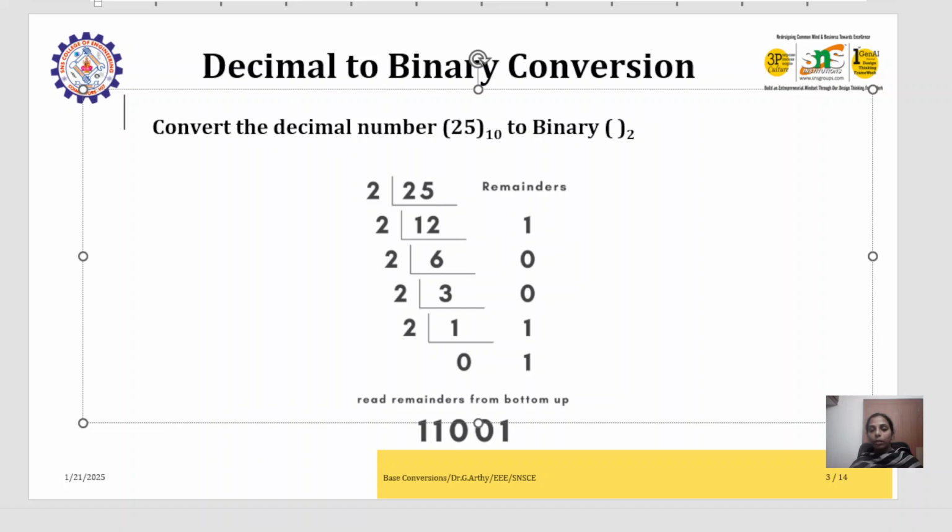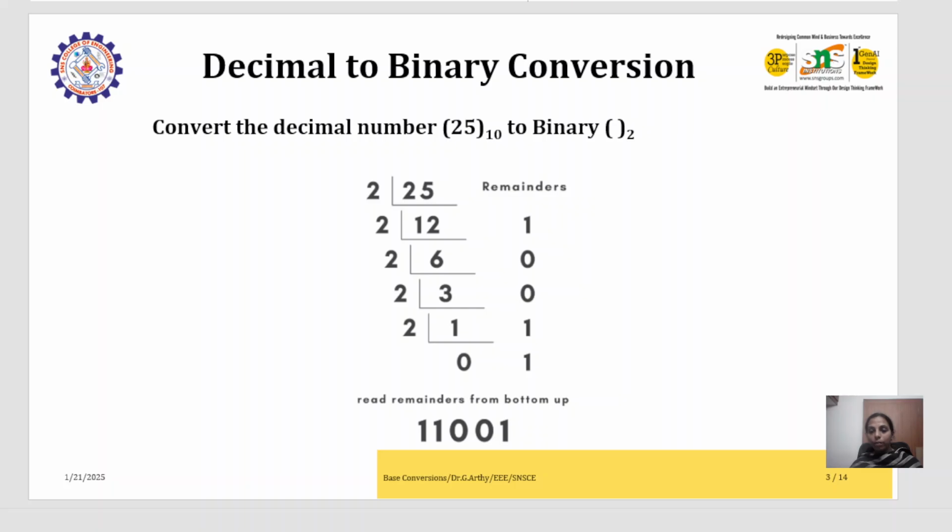Similarly, we have to keep on dividing till we end the division. Once the division is complete, we write the remainders from bottom to top. So 11001 forms the binary equivalent of the decimal value 25.